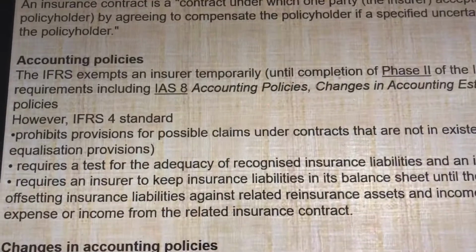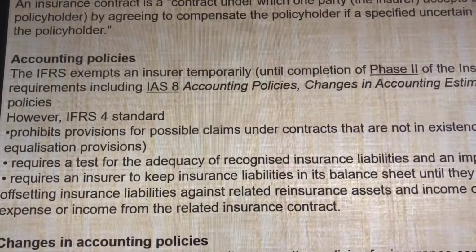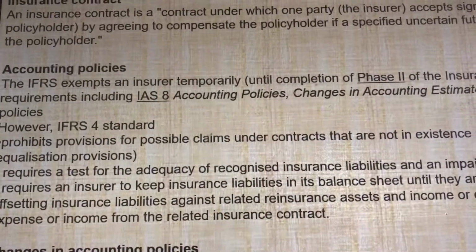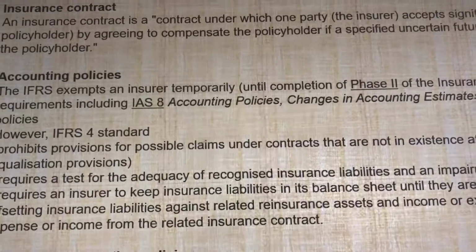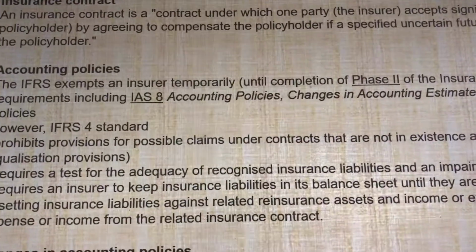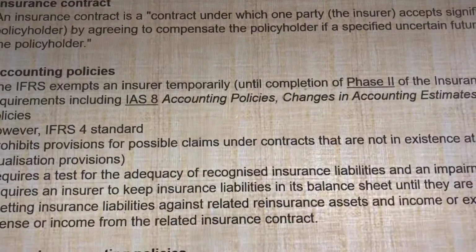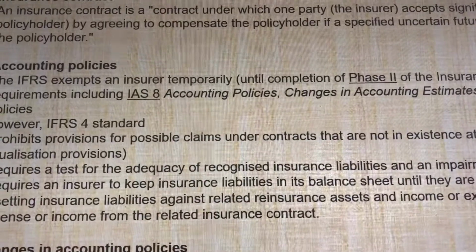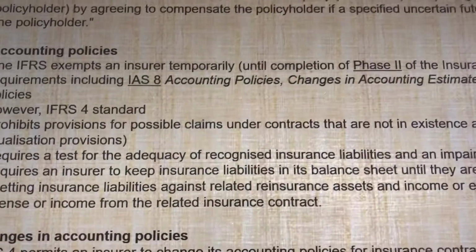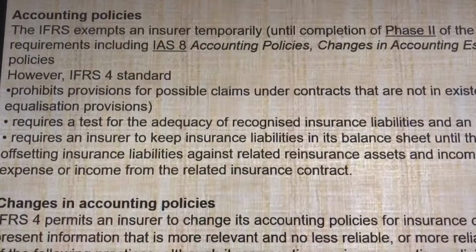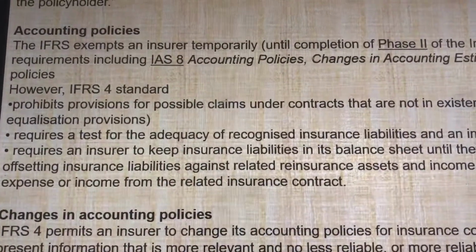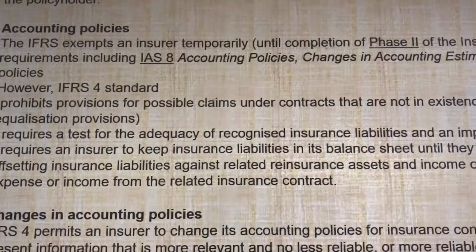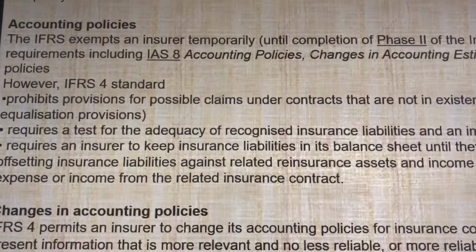So let's talk about the accounting policy for this IFRS 4, the insurance contract. IFRS 4 exempts some insurance, and also IAS 8 accounting policy and changes in accounting estimates for the insurance, and also prohibits some practices. Like number 1, it prohibits provision for possible claims under contracts that are not in existence at the date of reporting.